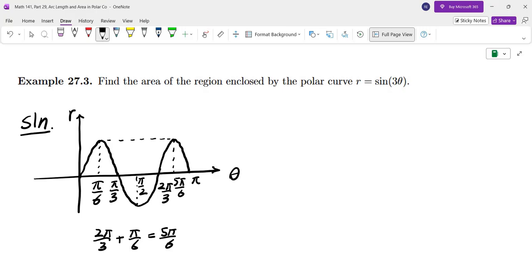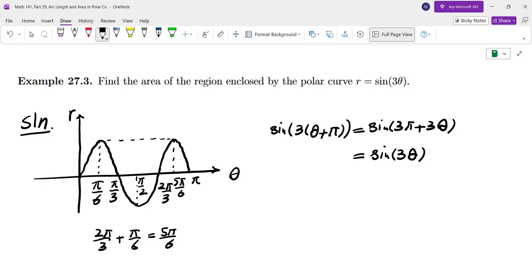Now, if we go beyond pi, we will get the same curve again, because if you add pi to theta, theta plus pi gives us sine of 3 theta plus 3 pi, which is sine of 3 theta, but negative of that. So that gives us negative r.